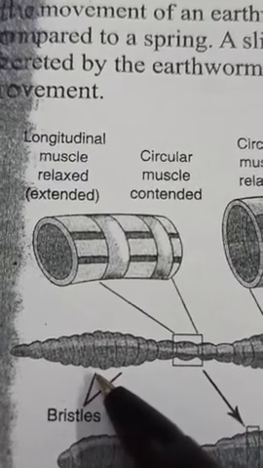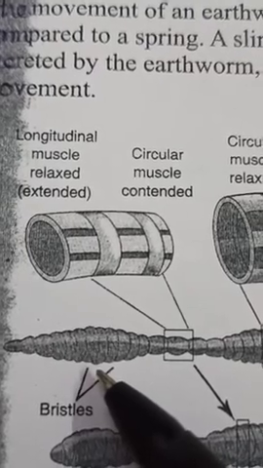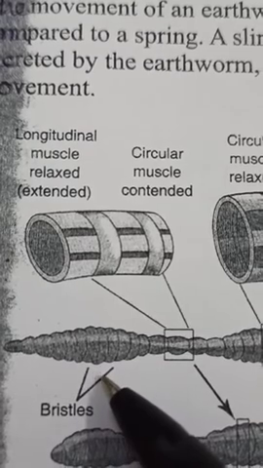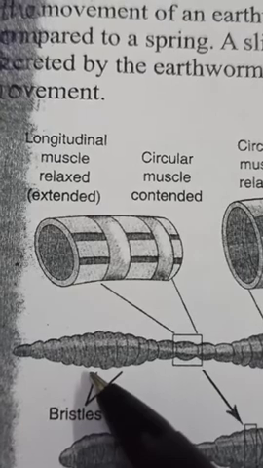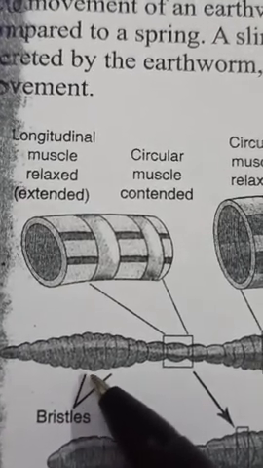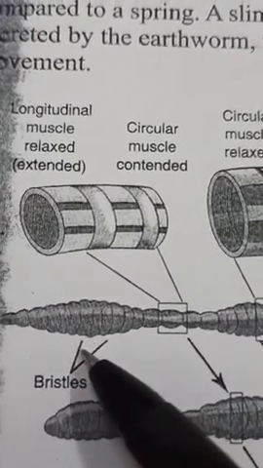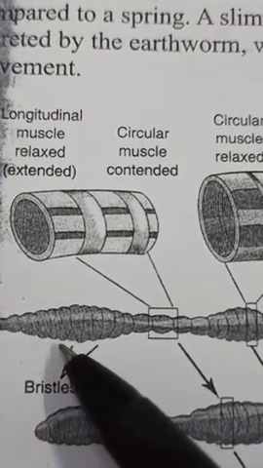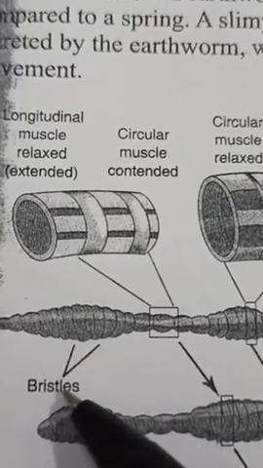You can't see them on the earthworm's body, but when we see these structures under the dissecting microscope, which is a simple kind of microscope, we can see their bristles. Okay, so these hairy structures which are present below the segments are called bristles.